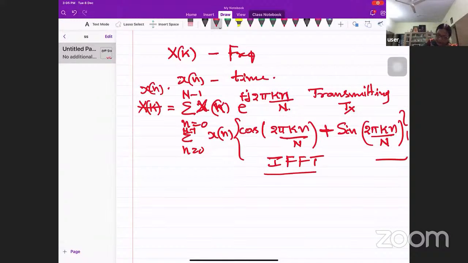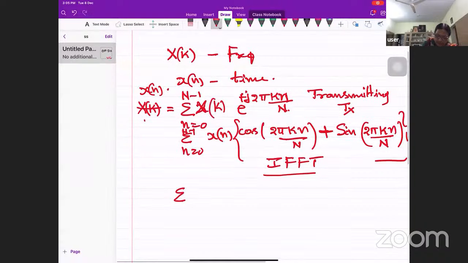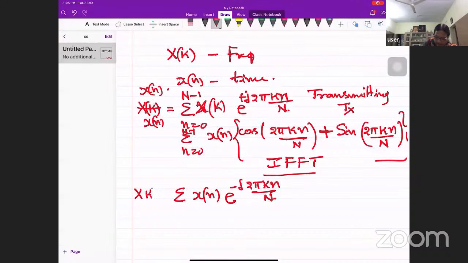At the receiving end, I receive x of n. To these signals, I can compute the frequency domain, that is e power minus j 2 pi k n by capital N. This gives me back again x of k.